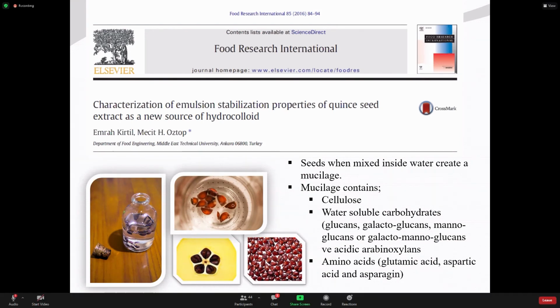What we have shown is that kinseed extract has potential to act as an emulsifier.